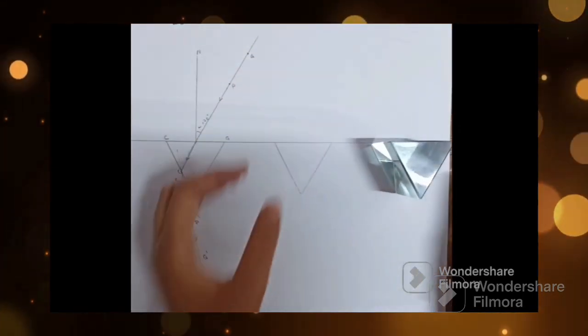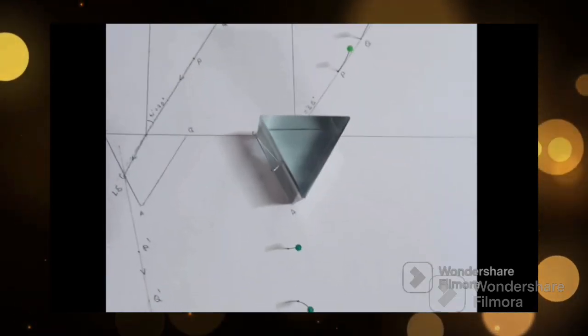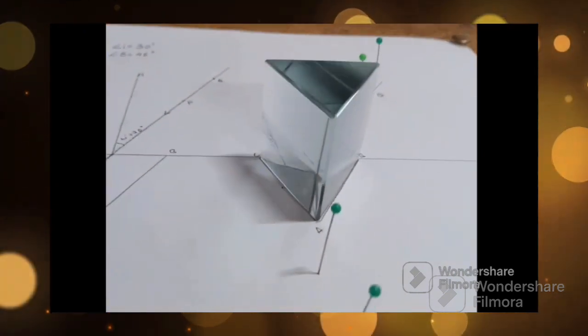First we'll draw the outer boundaries of the prism, then we'll draw the normal, then we'll mark the 35 degrees from the normal and place the pins on points P and Q. Then we will see the refracted ray where the pins are refracted. So this is the refracted ray.